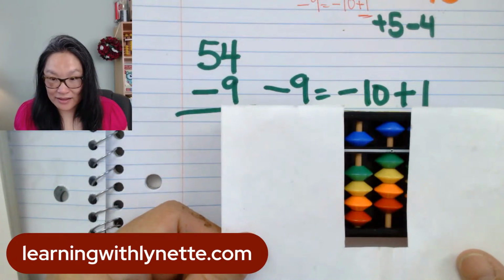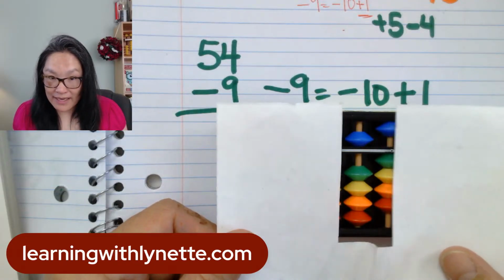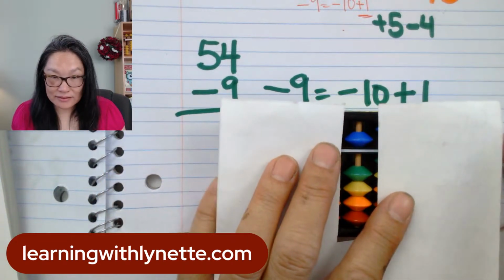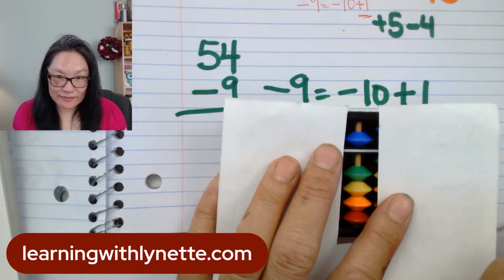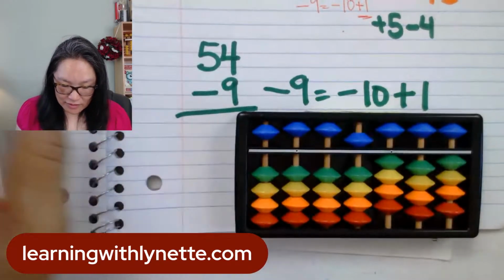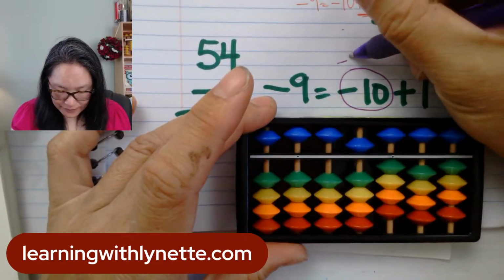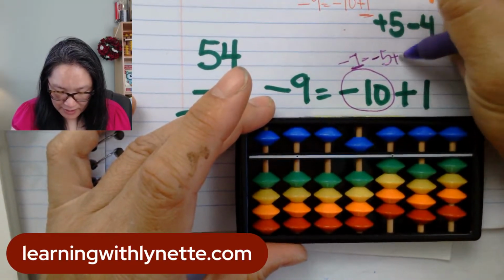The other way: minus the 5, because we want to minus the 10. Minus 1 is equal to minus 5 plus 4.